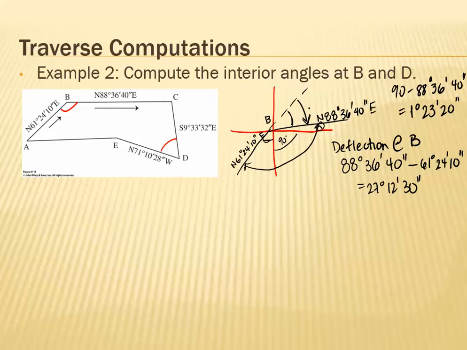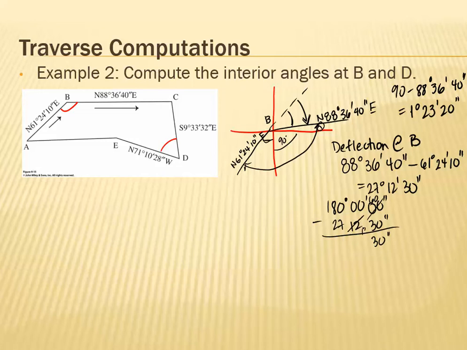Okay, so now if I subtract that from 180, I should get this one. So 180 degrees, 0 minutes, 0 seconds, minus 27, 12, 30. Okay, I'll do it this time. I know I've been skipping some calculations, but I'll be better. I'll assume this is 60. 60 minus 30 is 30.